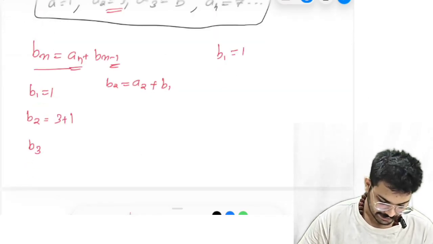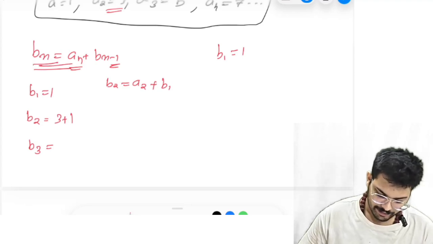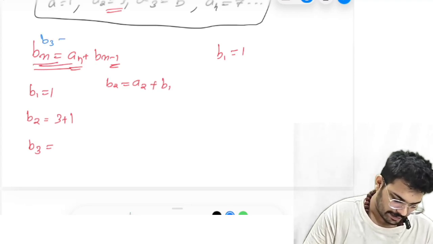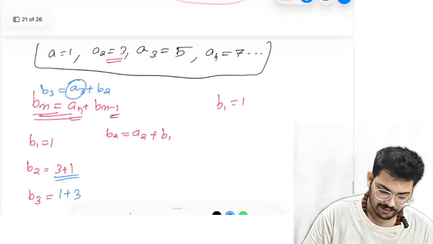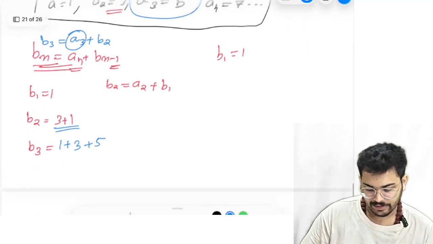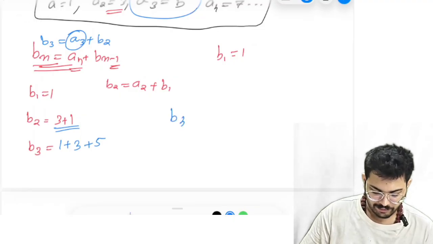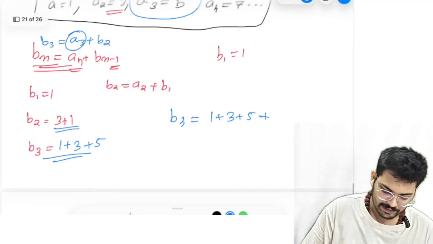Now we need to find b3. b3 will be equal to a3 plus b2. The b2 value is already there, 1 plus 3, and a3 equals 5. So when you write the next term, b4 will be 1 plus 3 plus 5, that is b3, plus a4.